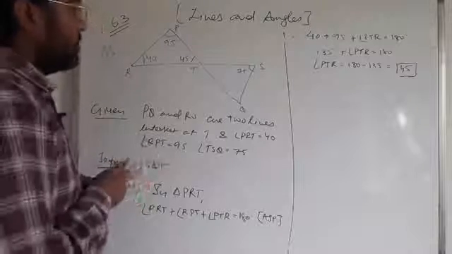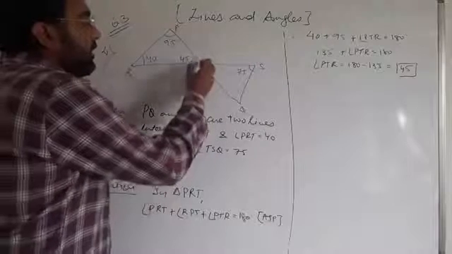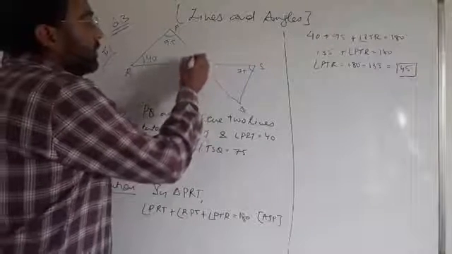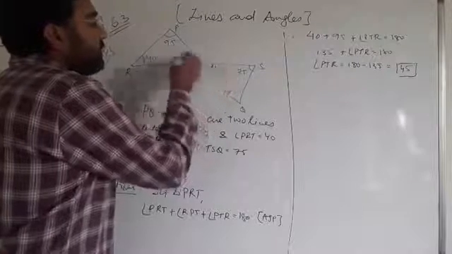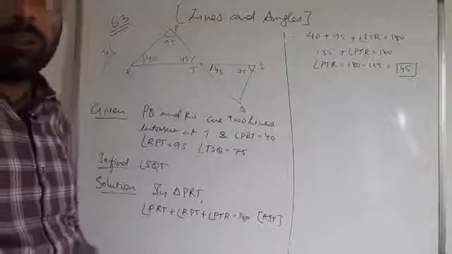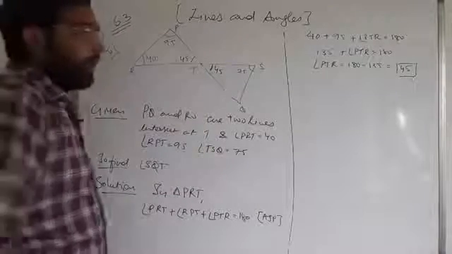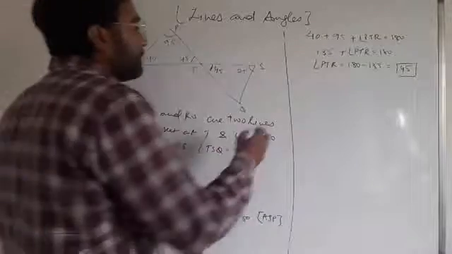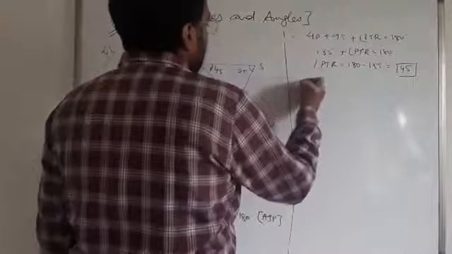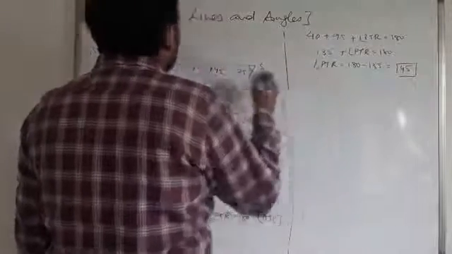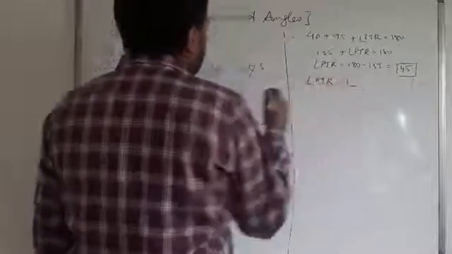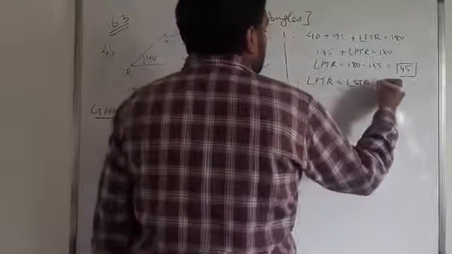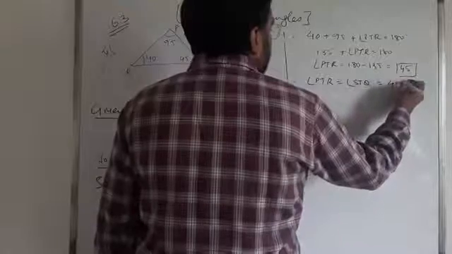Here two lines intersect at point T, so can we take this angle 45 as equal to this angle as vertically opposite angles? Yes, we can take them. Therefore angle PTR is equal to STQ, which is 45 degrees.